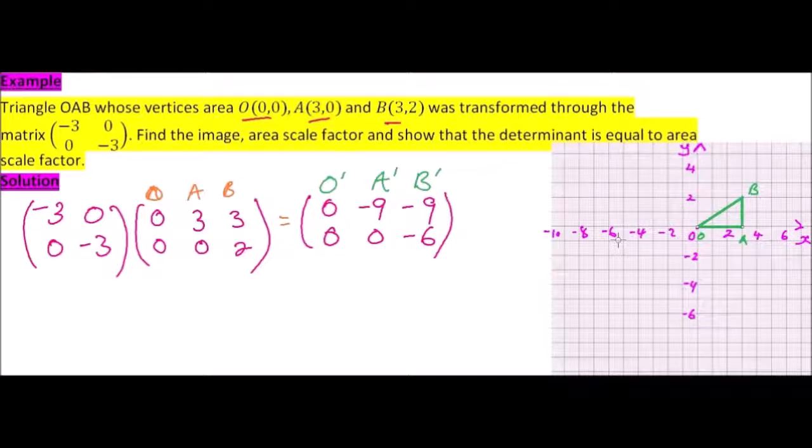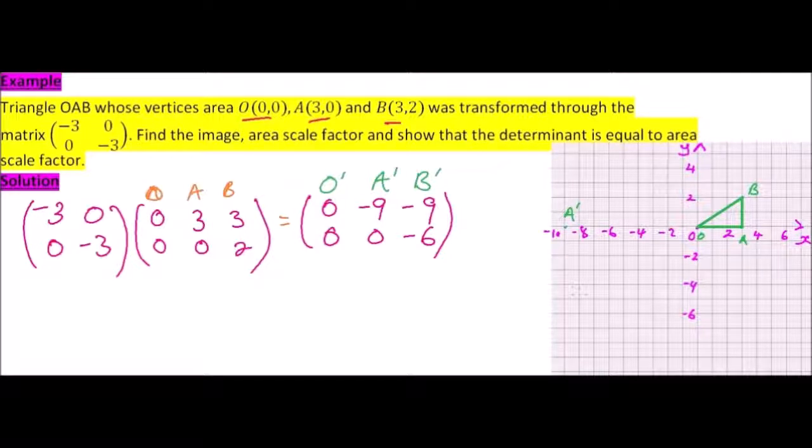So from there now we plot our image. We have O at 0, 0. So it lies in the same place as the other O, the origin. Our A prime is at minus 9, 0. That's where we have our A prime. And our B prime is at minus 9, minus 6.